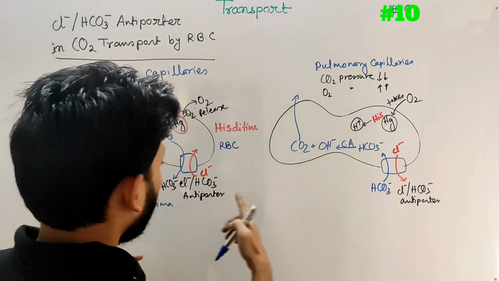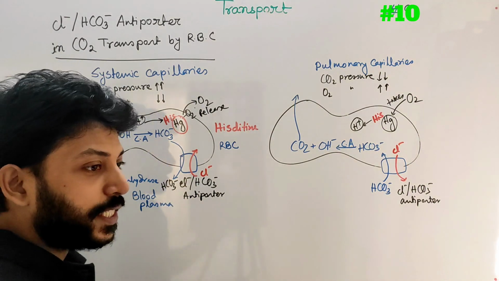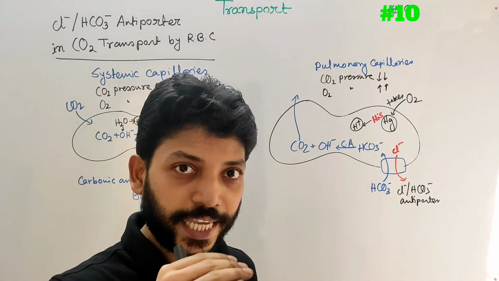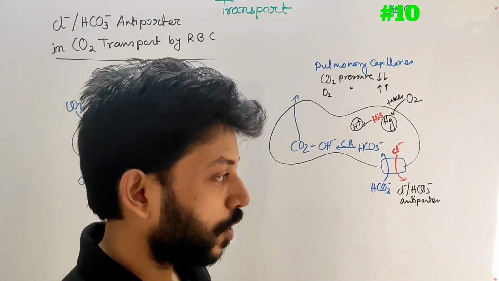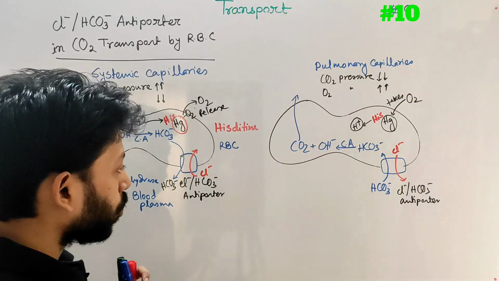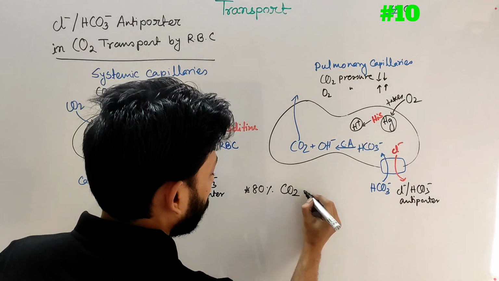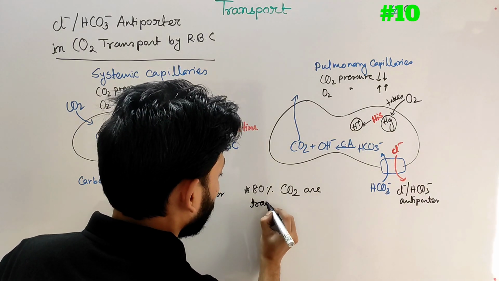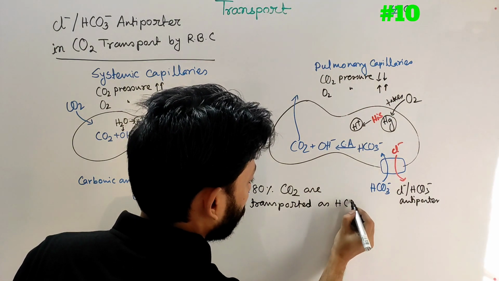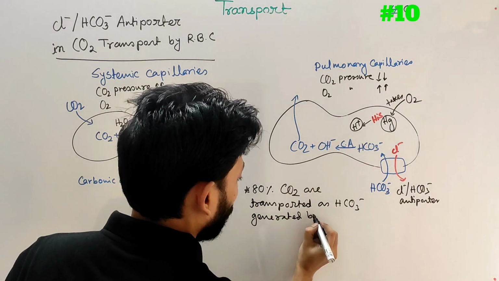Okay, so basically what we have found is that this bicarbonate is actually the carbon dioxide. In the blood plasma, carbon dioxide in a gaseous form dissolves very poorly. So remember this, 80% of carbon dioxide is transported as bicarbonate that is generated by red blood cells.